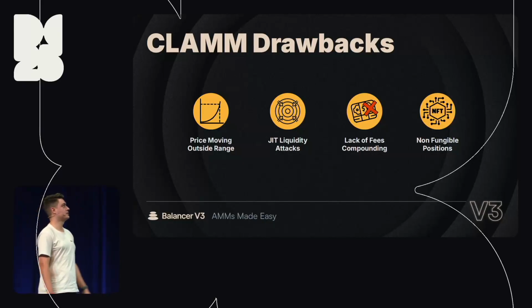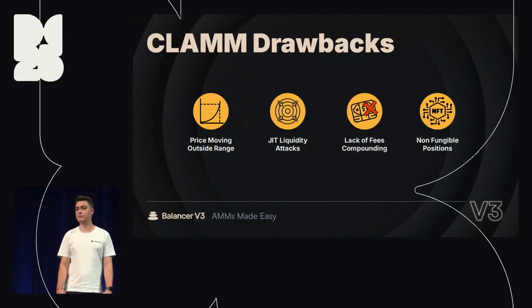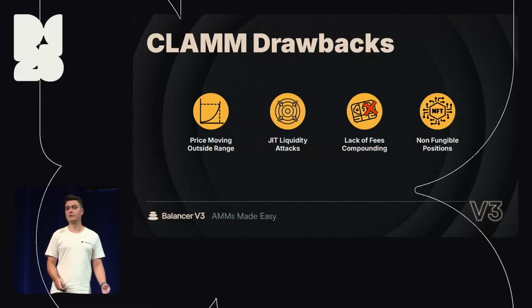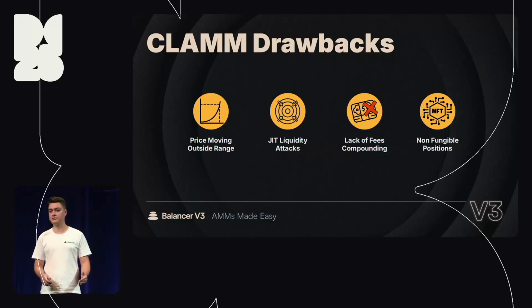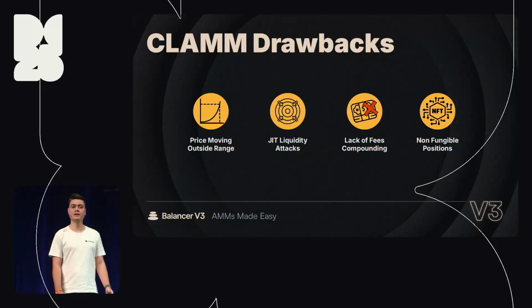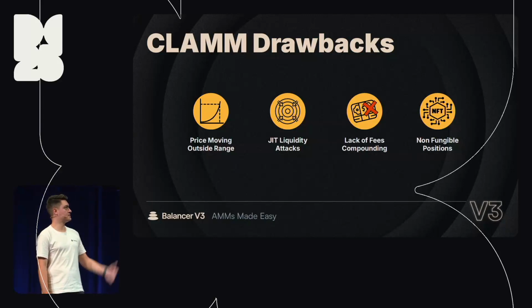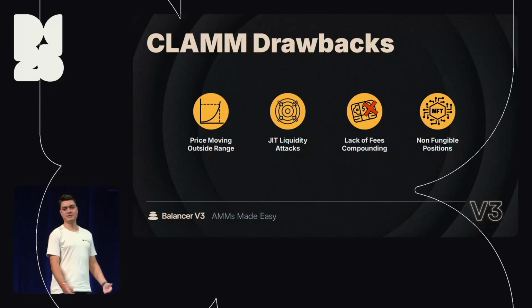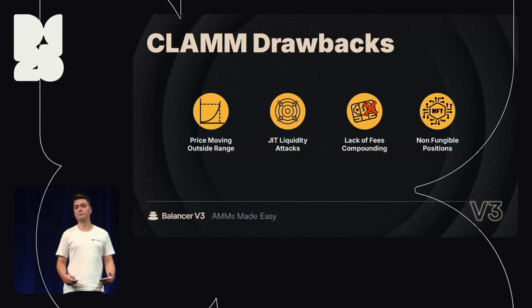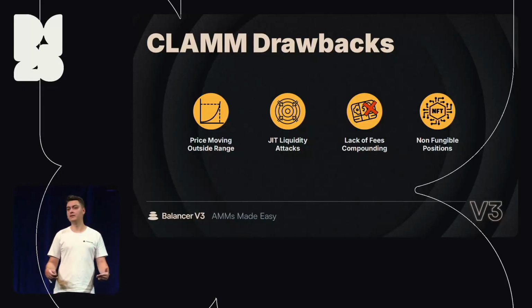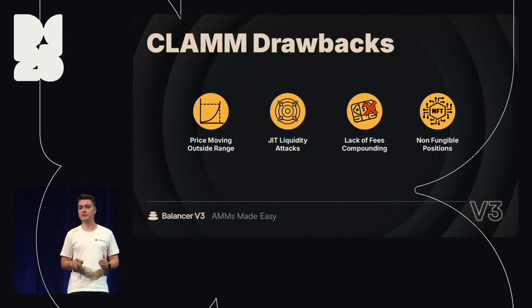You, as a liquidity provider, might be exposed to just-in-time liquidity attacks, because on concentrated liquidity AMMs, the swap fees are distributed across the liquidity providers, also according to the concentration they are providing liquidity. And there's this kind of attack where if there's a big trade which is moving the price, there will be a bot which will add liquidity in a super tight range in order to get all of the fees of that transaction.